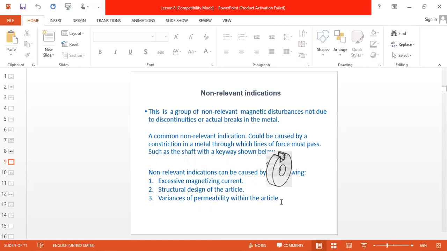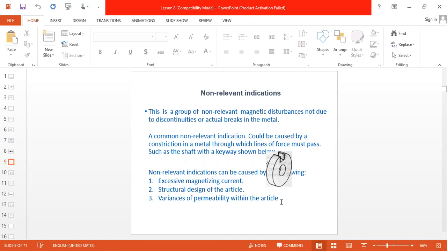Whenever there is a change in permeability, the resistance to the line of force changes, so some of the line of force will come out and you will get an indication. So that is also a non-relevant indication. But we can't get that non-relevant indication after stress relieving. Once stress relieved, if you recheck with magnetic particle testing, you will not get that indication.